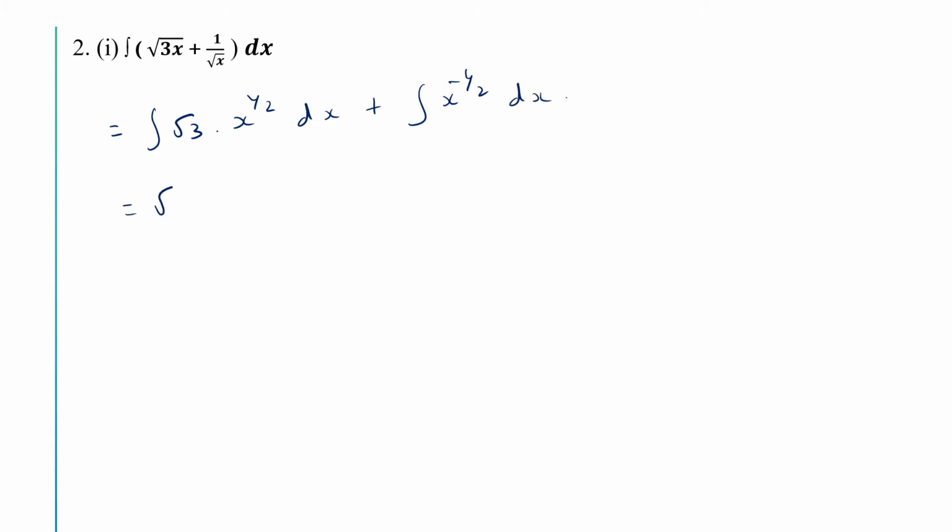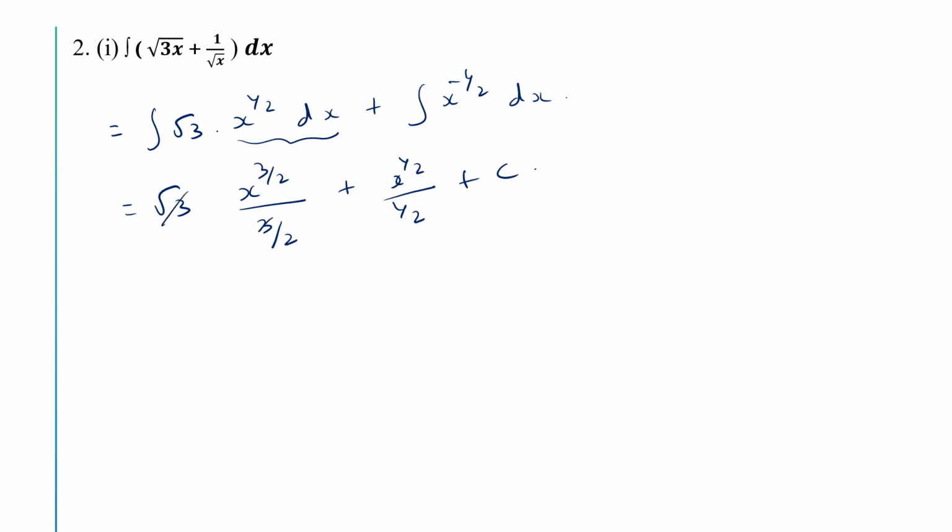Or this is equal to root 3 into integral x raised to half dx is x raised to half plus 1 by half plus 1. So it is x raised to 3 by 2 by 3 by 2 plus integral x raised to minus half dx is x raised to minus half plus 1 by minus half plus 1. So it is x raised to half by half plus the constant c.